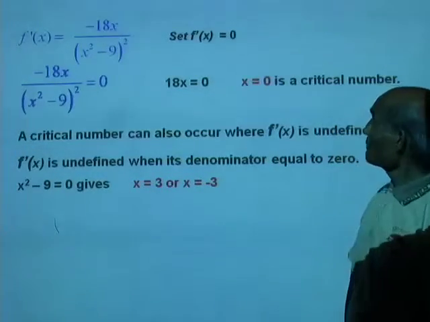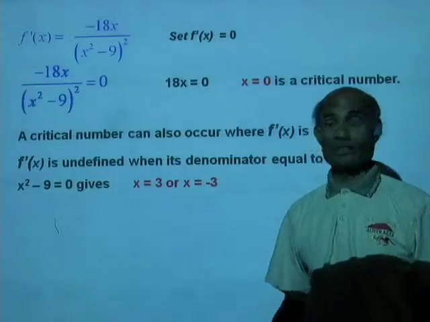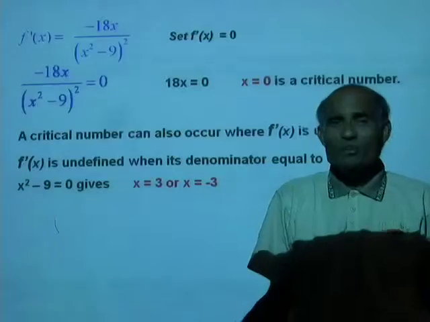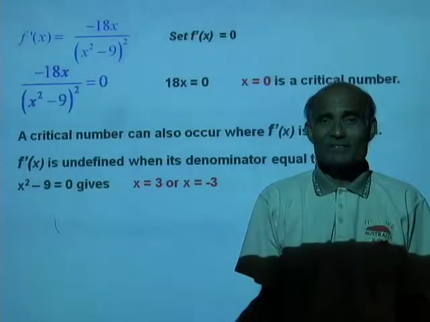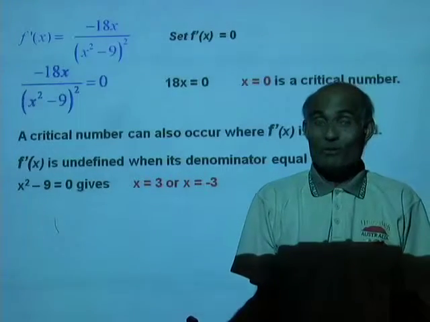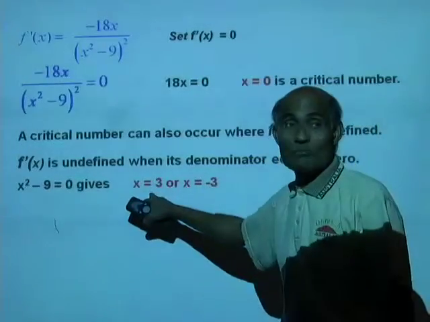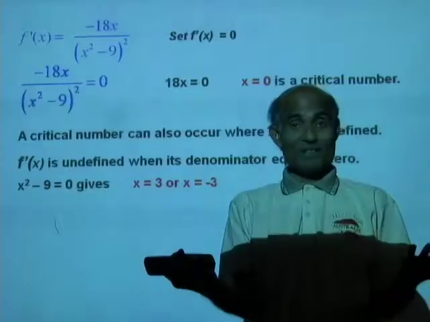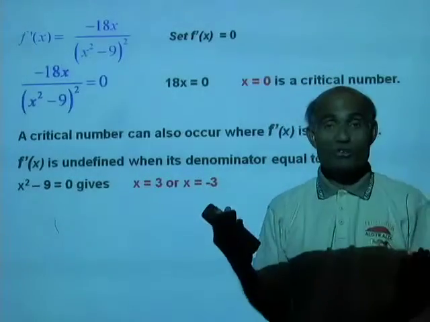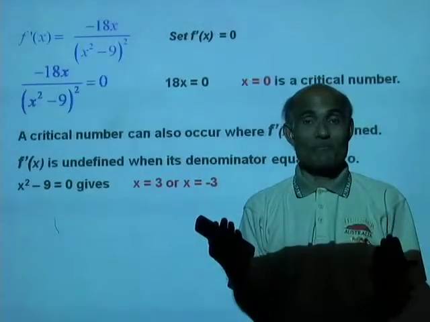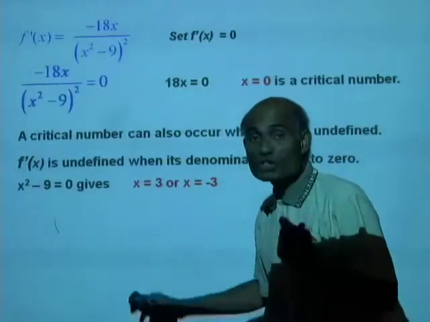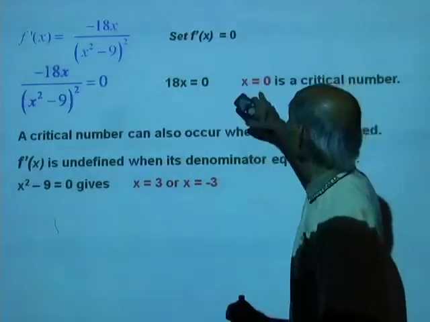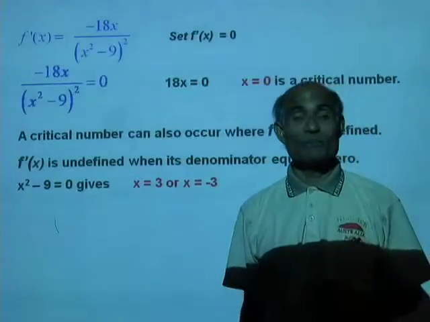But if you go back to your function, are x equals 3 and x equals negative 3 in the domain of the function? Well, no, because both these values will make the function undefined, and therefore these are not in the domain of the function, and therefore these are not critical numbers. The only critical number is x equals 0.